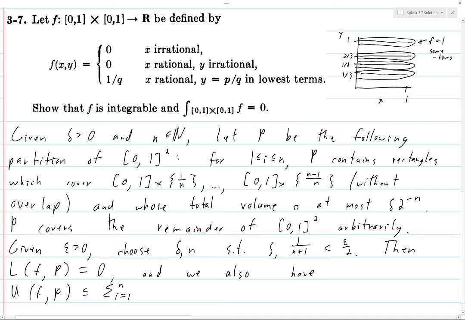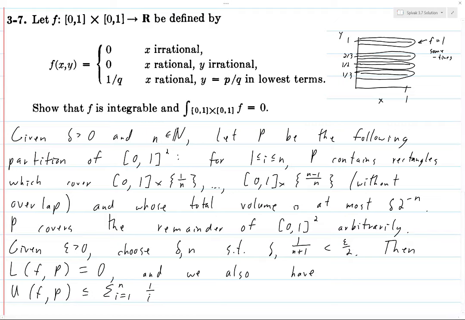So the sum from i equals 1 to n. If you look at any particular i, you're covering [0,1] cross 1/i through [0,1] cross (i-1)/i. And then the supremum is, well, let's see here. The denominator here is i. So 1/i is going to be the maximum value, because the minimum value would be 0.